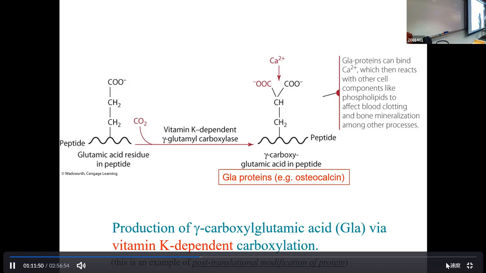So let me just repeat again. Your body, of course, makes different proteins. Osteocalcin is only one of the proteins that we are talking about in the bone. You can make osteocalcin, and then after you make the osteocalcin, you have the option to add COO to it. Okay, so that is an option.